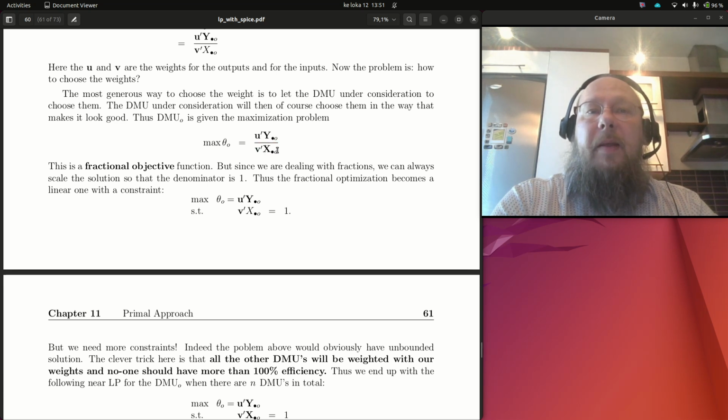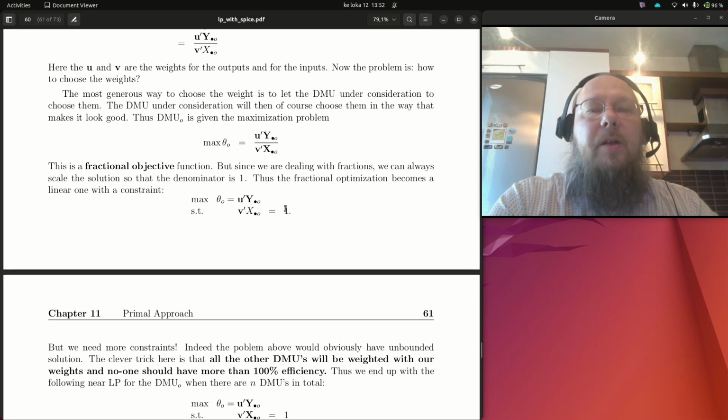Because if it's something else, we just scale with that number and we get the same maximum. So maximizing this fraction is the same as maximizing the numerator, on the condition that the denominator is equal to 1.